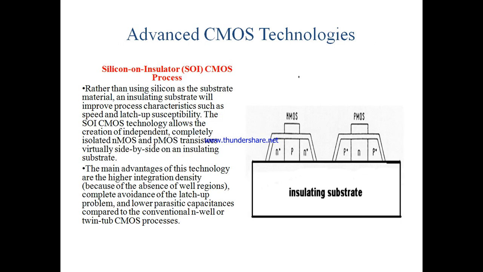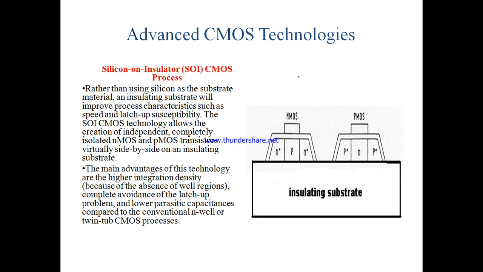Silicon on insulator CMOS process, the SOI CMOS process. Rather than using silicon as the substrate material, an insulating substrate will improve process characteristics such as speed and latch-up conditions.